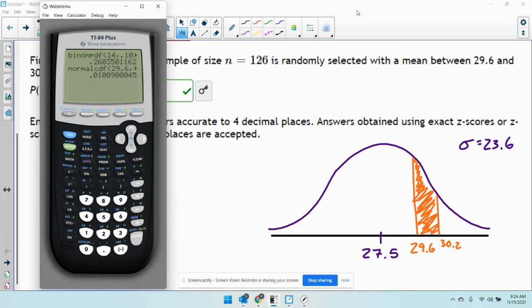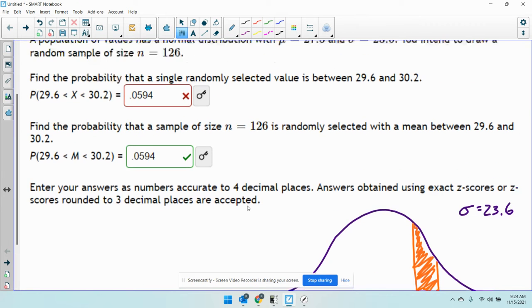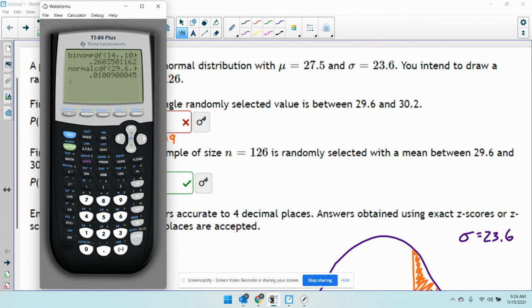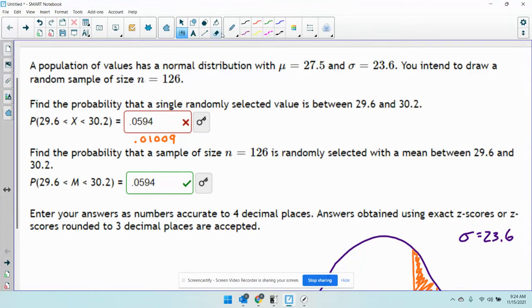So I get a value of 0.01009. Doesn't have 4 decimal places, so this looks like it would be 0.0101.